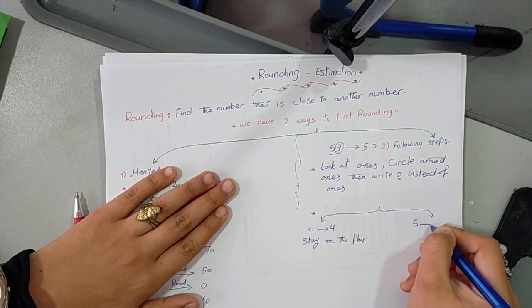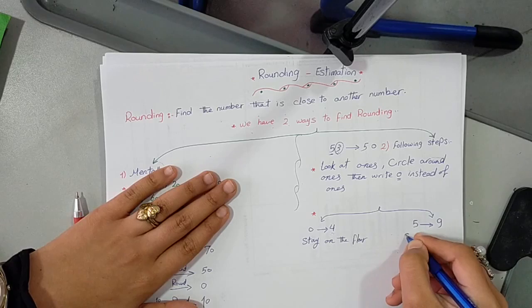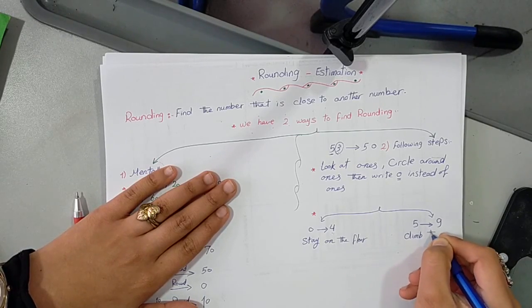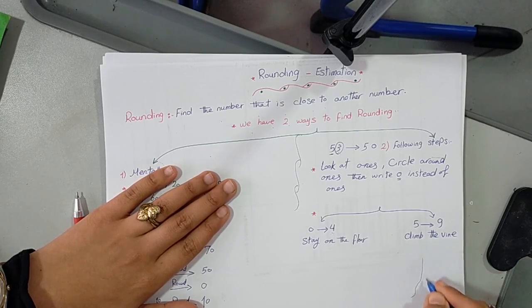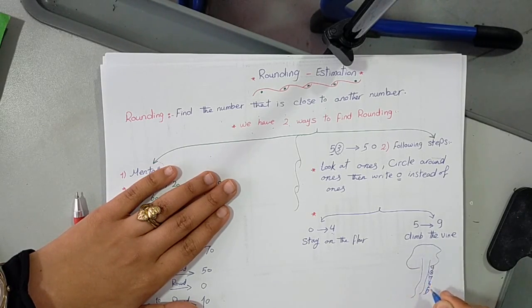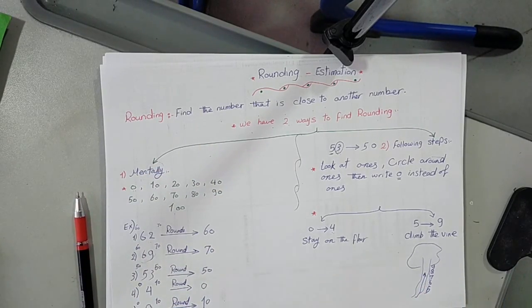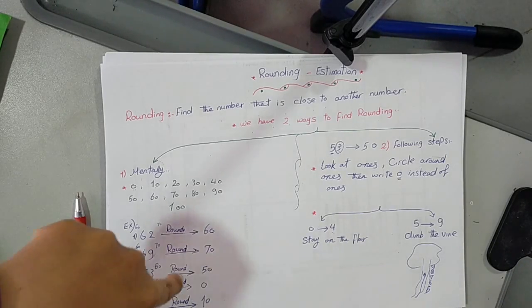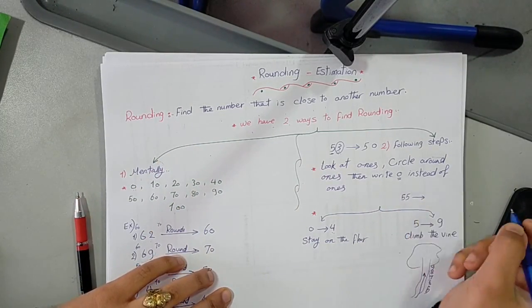Okay? Any number from 5 to 9, climb the vine. 5 to 9, climb the vine. Vine, tree, and monkey. Here 5, 6, 7, 8, 9. Climb the vine means any number between 5 to 9 has power to change tens, like this, 55. Where is ones?